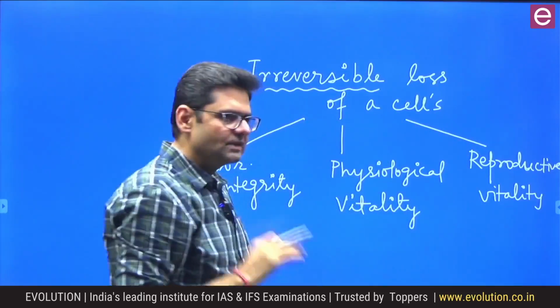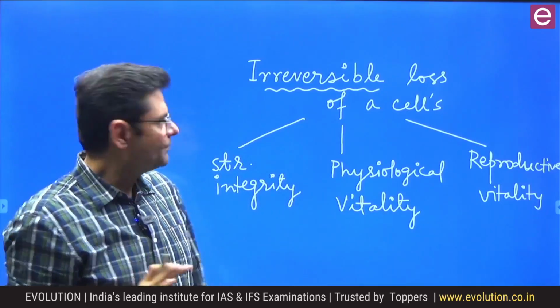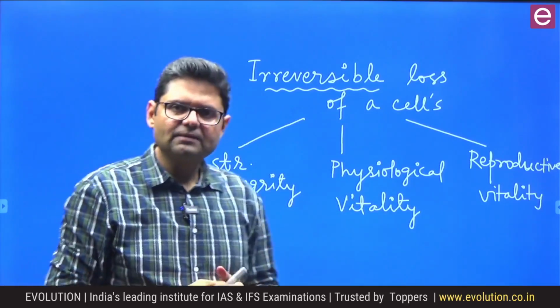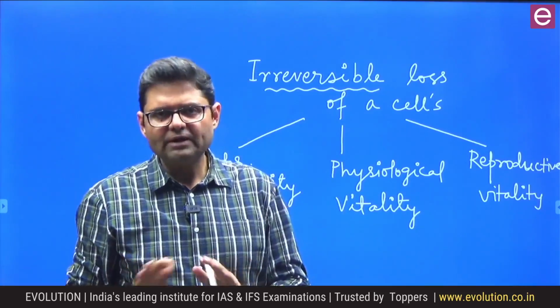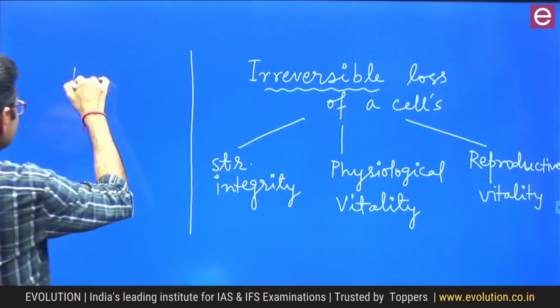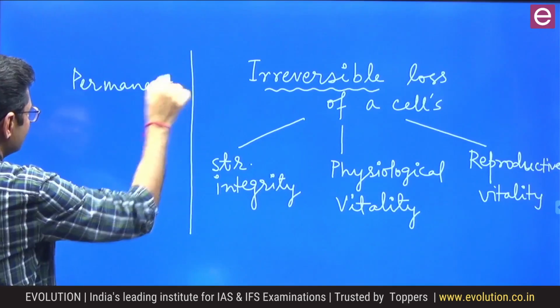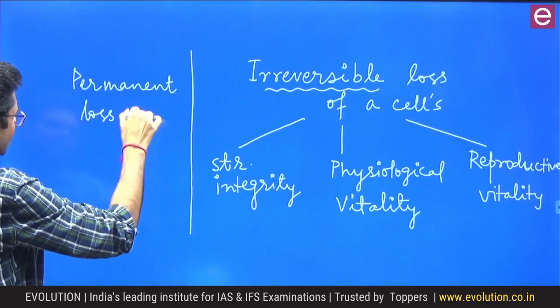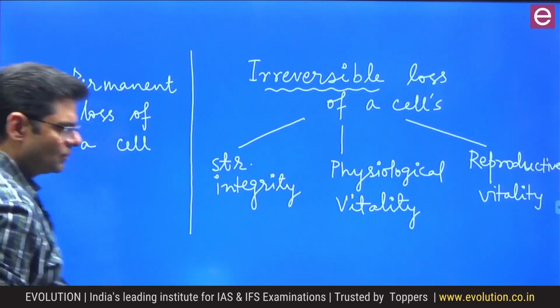Means once these losses have happened, then it is not going to recover from it. That is cell death. So once a cell dies, it has been lost from the body permanently. So you can also say that it leads to permanent loss of a cell from the body.